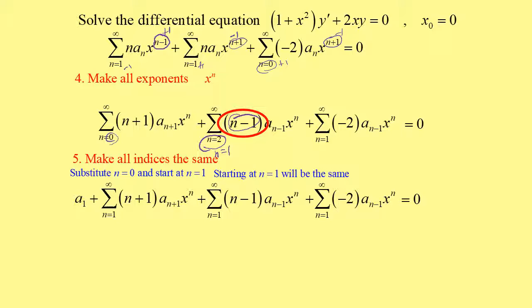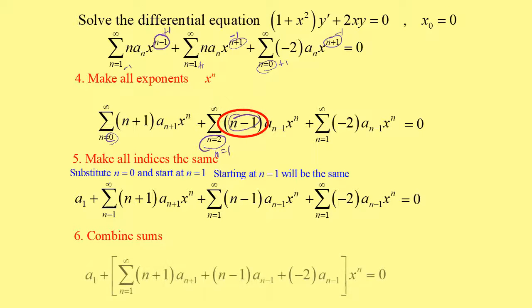So now that they all match, we can put all the sums together. Now the a sub 1, again, is totally separate from all the sums, but we can combine the sums together.